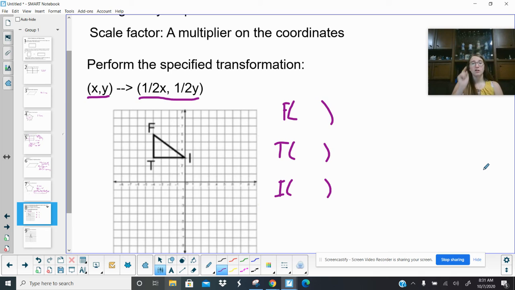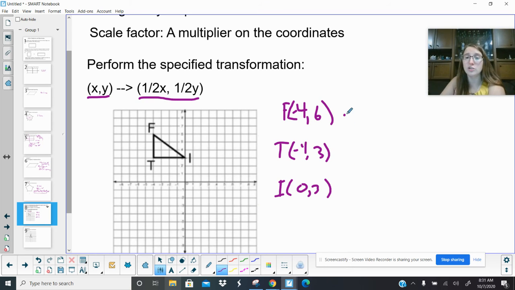So take a moment, go ahead and write down the points for F, T, and I. Yes, even if you have the packet, you need to write down the points in order to get the new ones. Okay, let's check. So F is -4, 6. T is -4, 3. And then I is 0, 3.